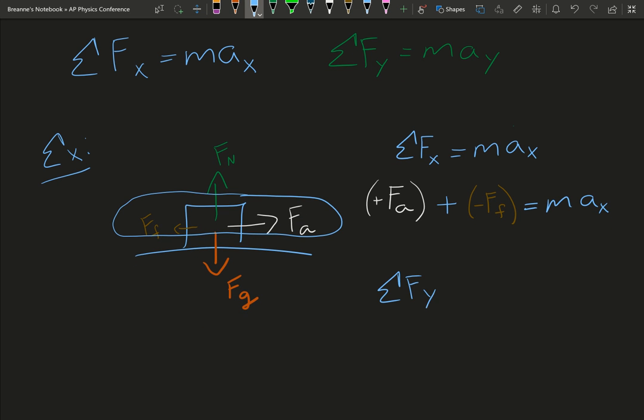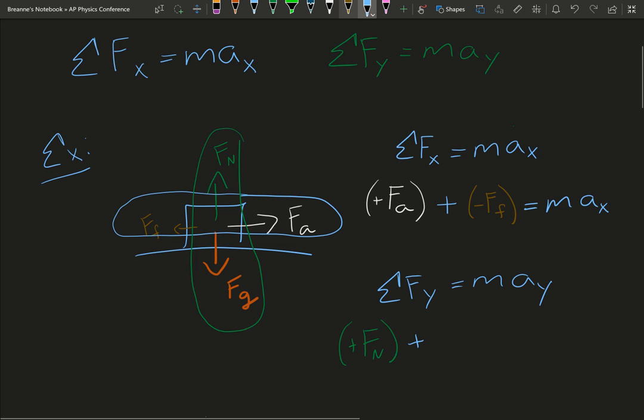Let's talk about our forces in the y direction. That's anything that's vertical. So our forces in the y direction would be our force of normal. Again, that's pointing up, so that's a positive direction.